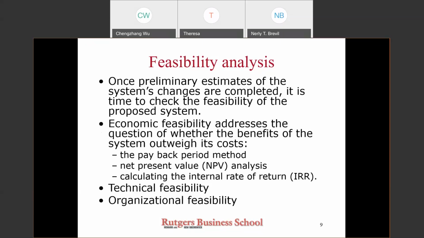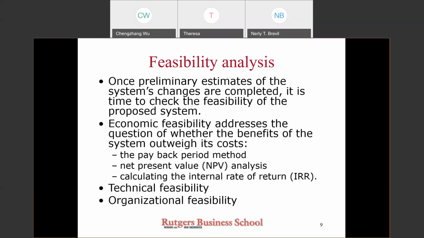While the costs of new systems are relatively easy to quantify, the benefits are much harder to associate with dollars and cents. For example, it's very difficult to associate a monetary value to the benefits of being able to respond to customers' queries faster.